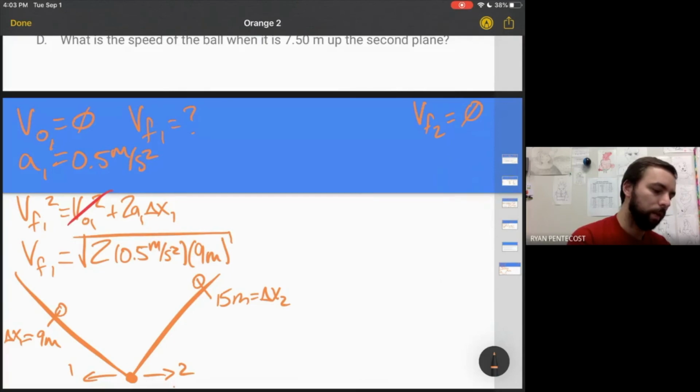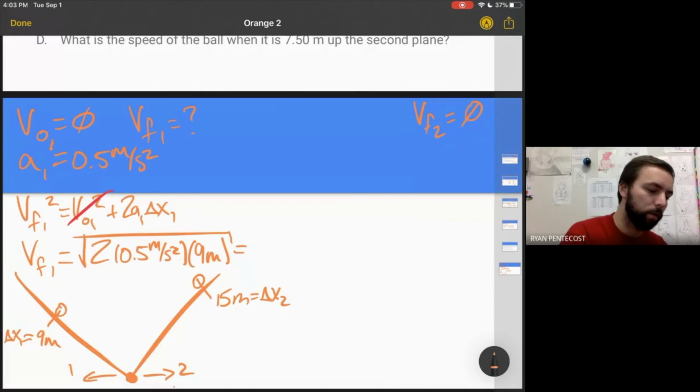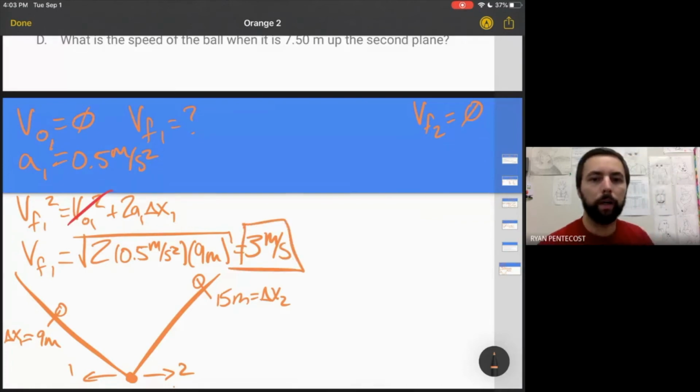And that gives a V final of, I believe, 3. Yeah, we can just do that logically. 2 times 1/2 is 1, 1 times 9 is 9, square root of 9 is 3 meters per second. So that is our answer to part A. The speed at the bottom of plane 1 will be 3 meters per second.